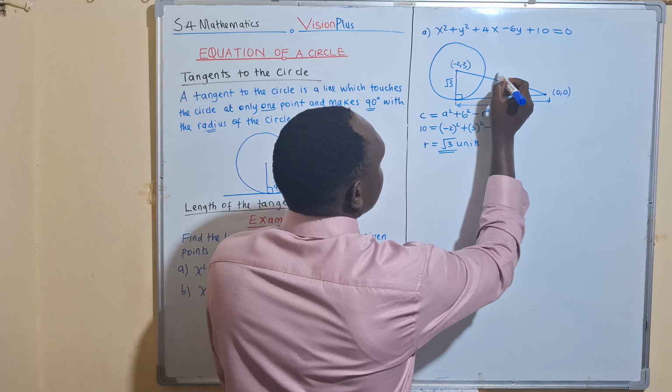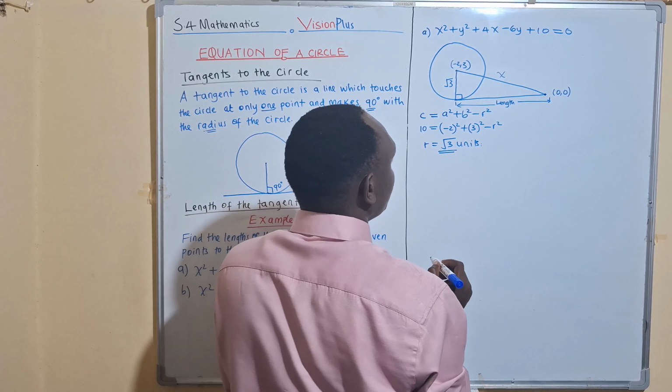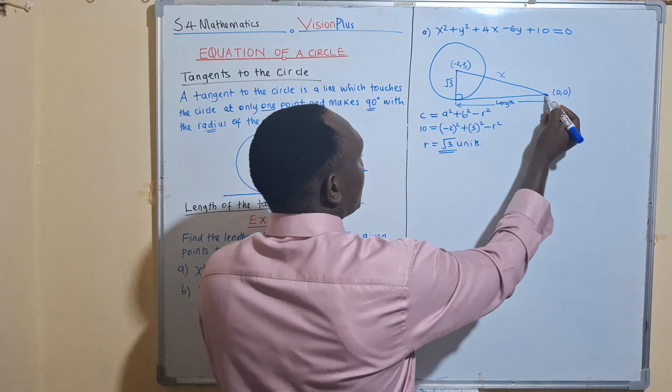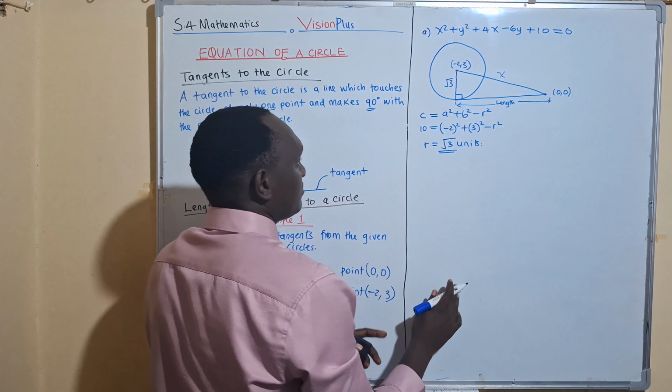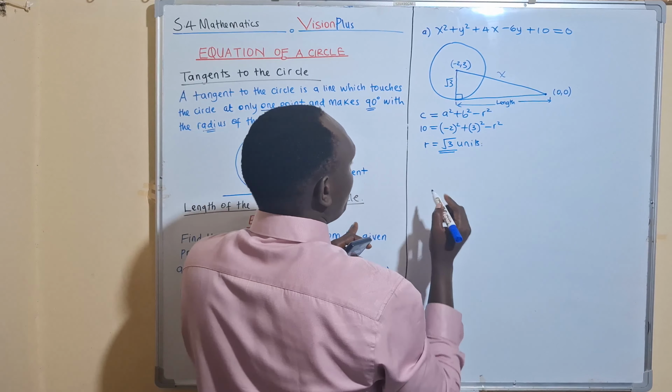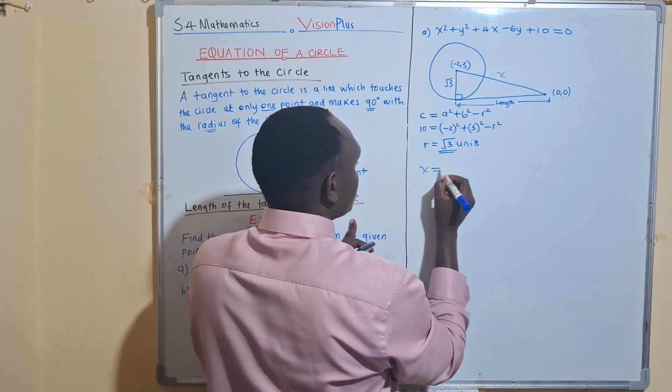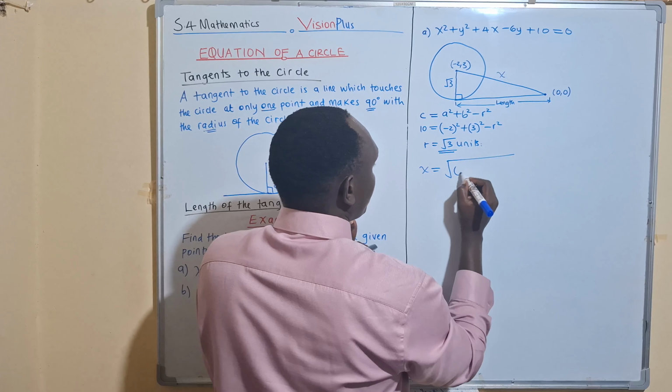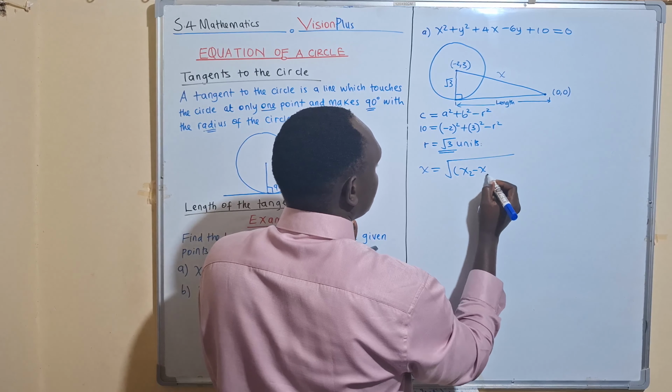So I'm going to call this distance x. That is the distance between the center and the point where the tangent comes. So the distance x is going to be the distance between 2 points. We shall use the formula for getting the distance between 2 points.